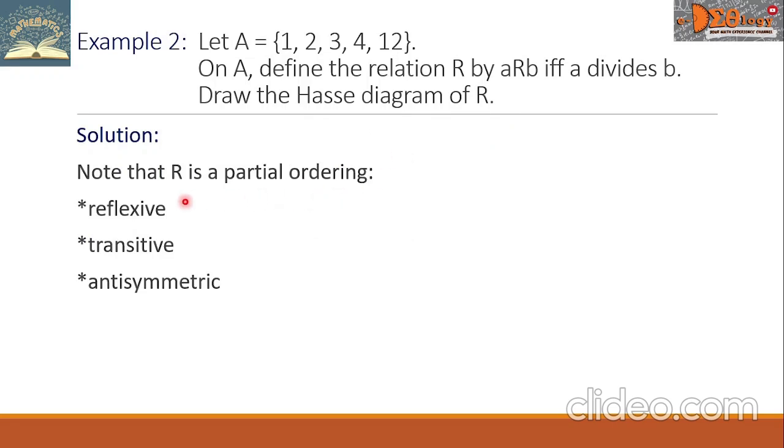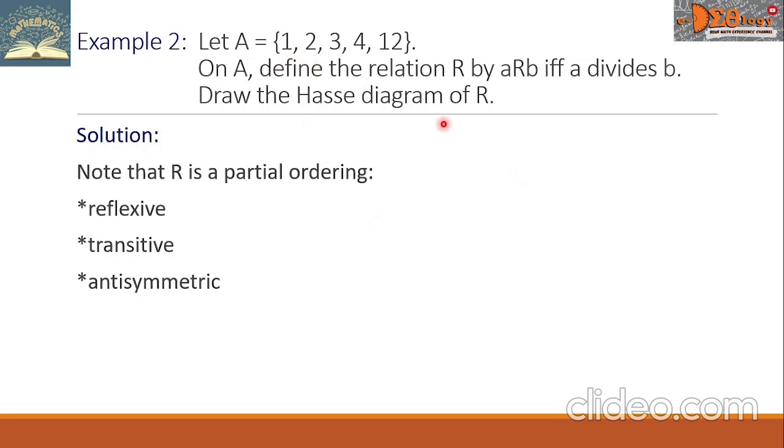It is reflexive, meaning any element can divide itself. It is transitive. Let us see one example: if 1 divides 2 and 2 divides 4, it means 1 divides 4. Then we have antisymmetric. If 1 divides 2, then 2 does not divide 1.